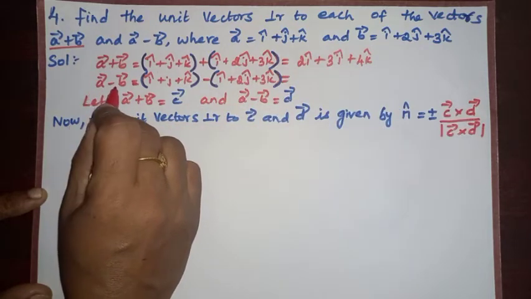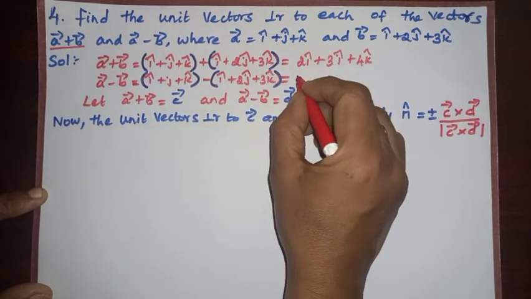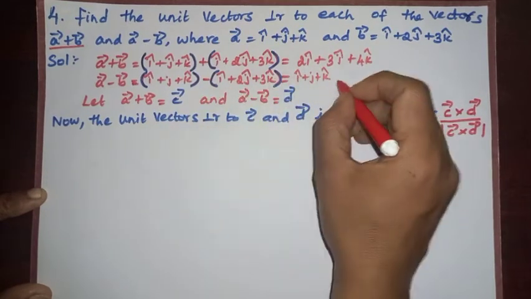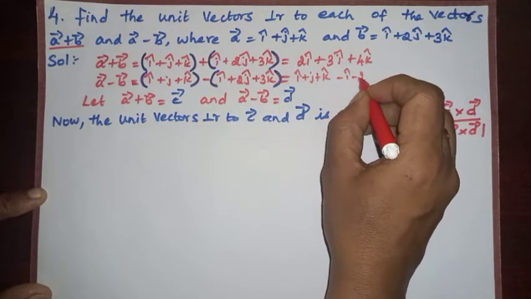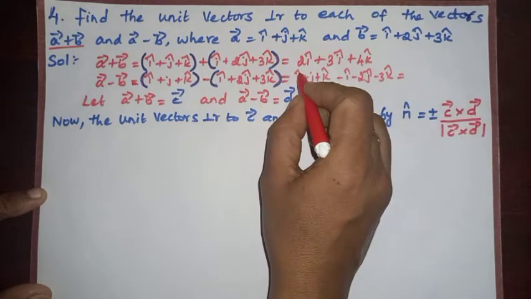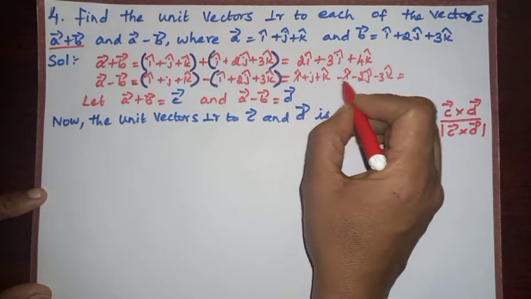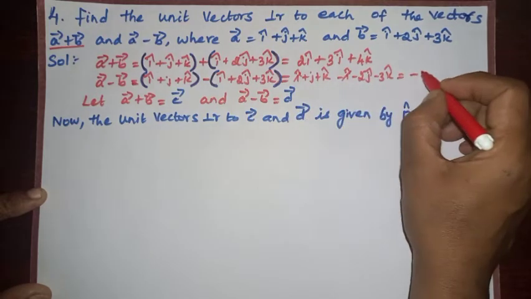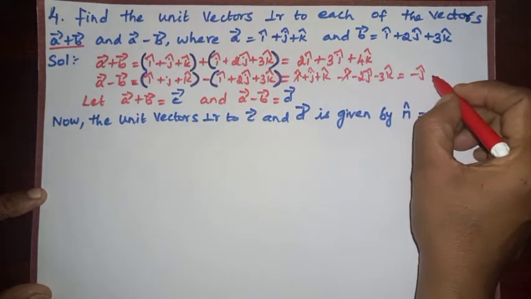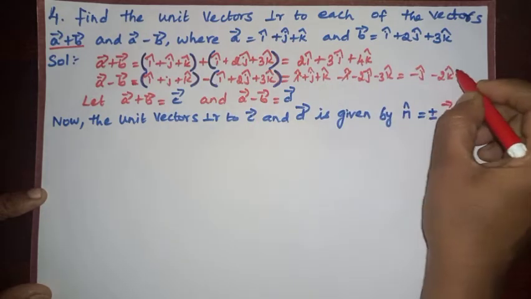Then vector A minus vector B. We have i plus j plus k. Minus of this is minus i minus 2j minus 3k. So i and i will be cancelled. j minus 2j is minus j, plus k plus minus 3k is minus 2k.